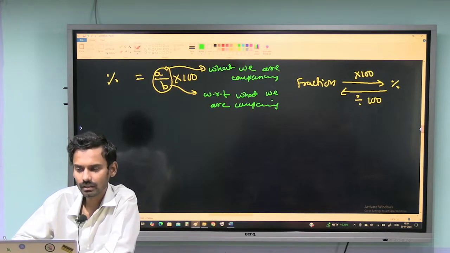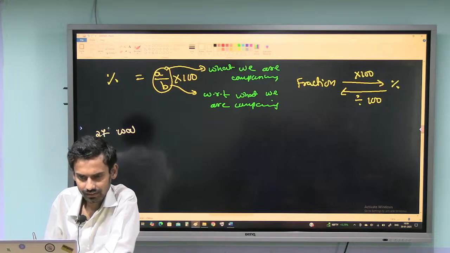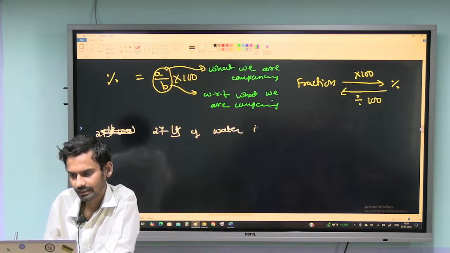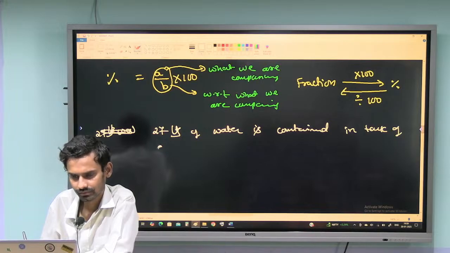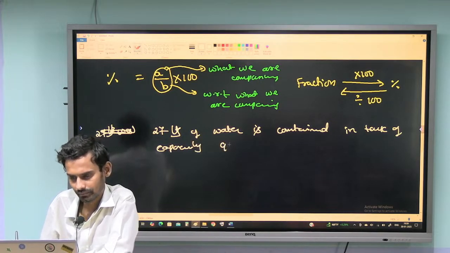Okay, for example, if I say 27 liters of water is contained in a tank of capacity, let's say 90 liters.